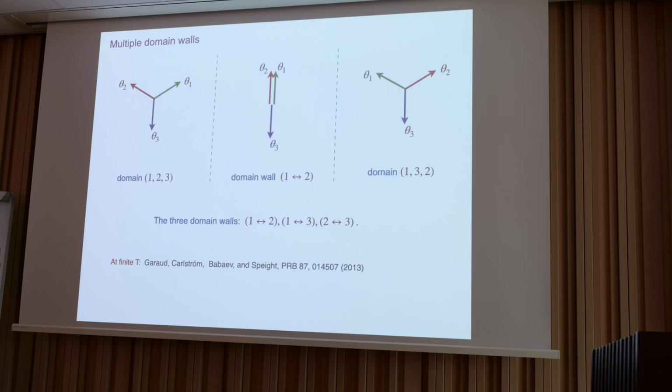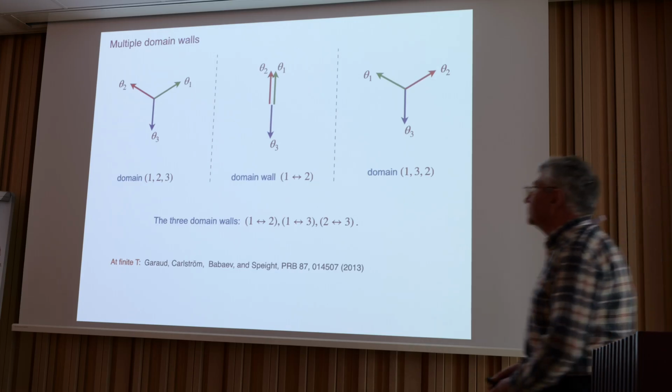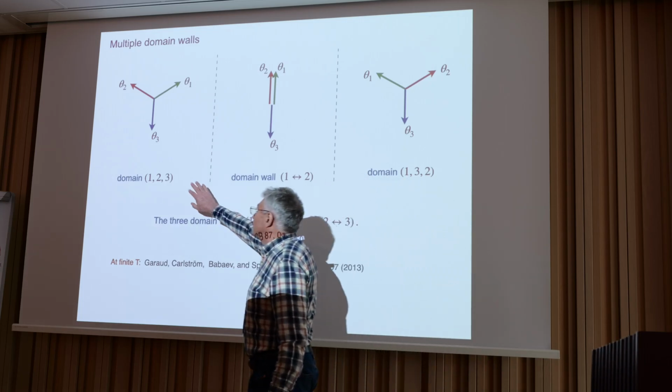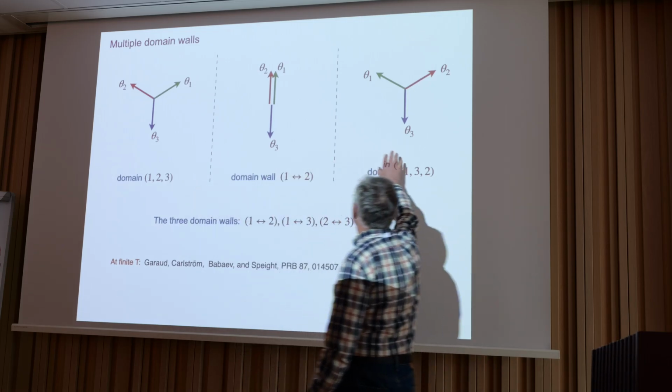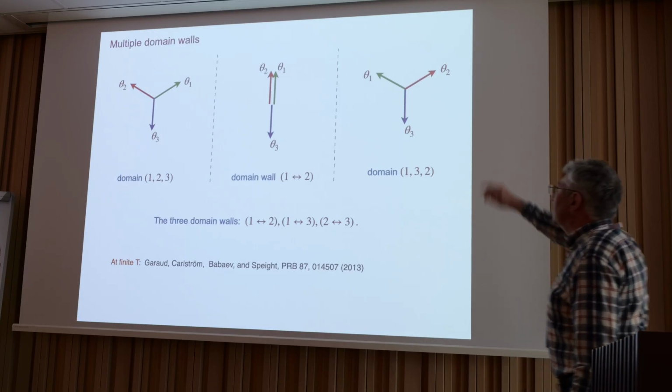So essentially, what they discussed at finite temperature, but now we see that the very same picture takes place at 0 temperature as well, that actually there are 3 types of domain walls. So if we go from one domain, like that, there are only 2 domains, like that and like that. So we swap just 2 arrows.